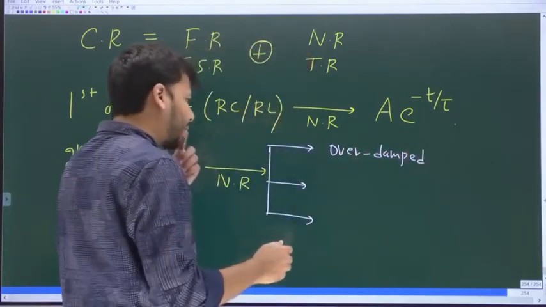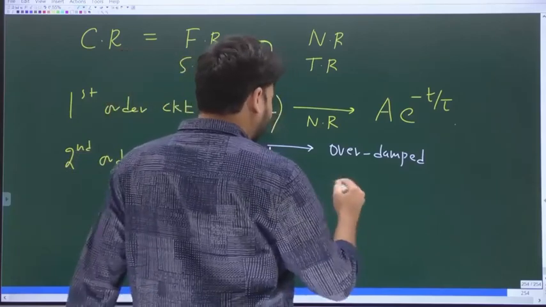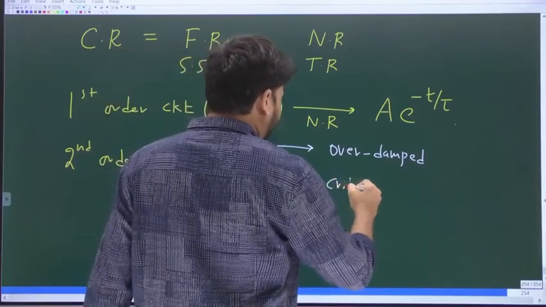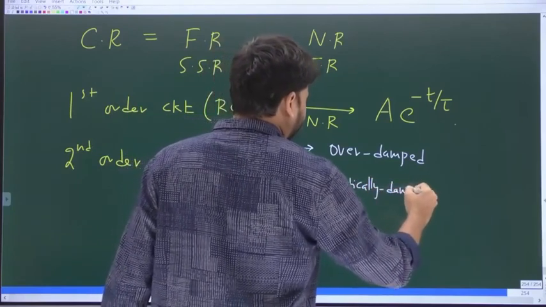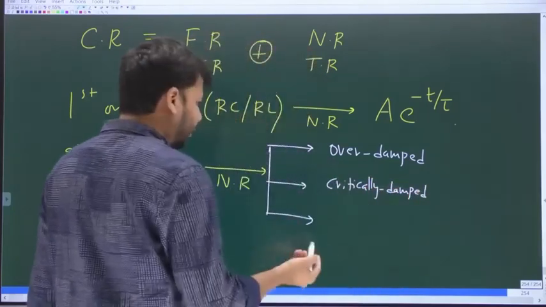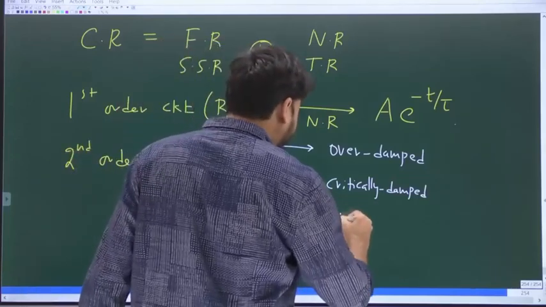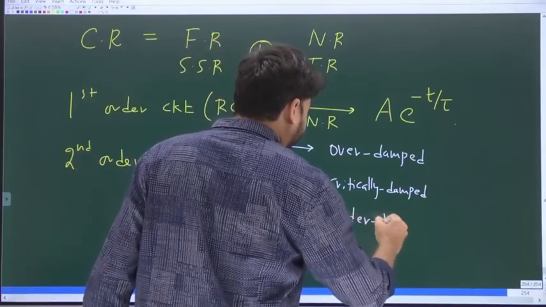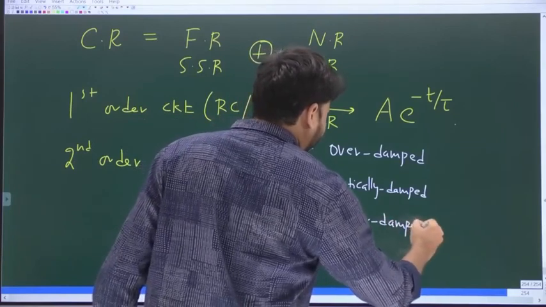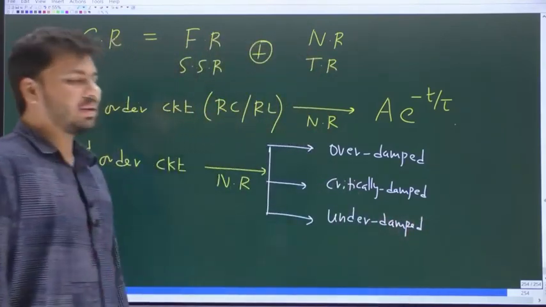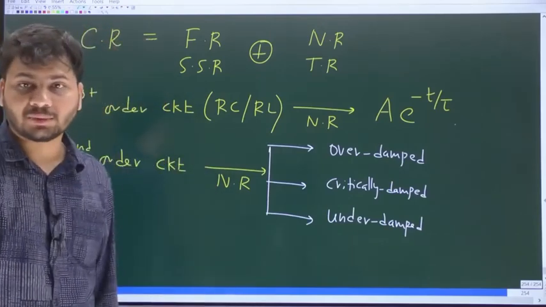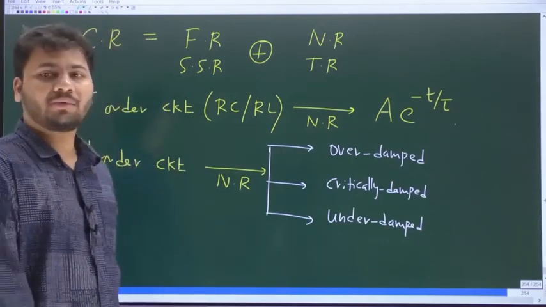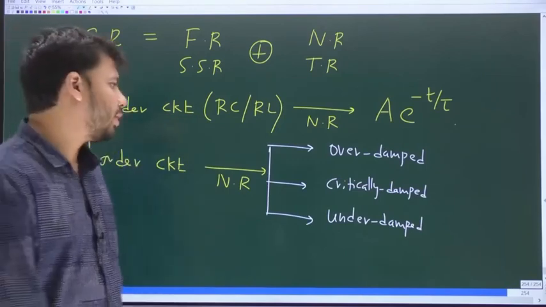The second type is critically damped. And the third type is underdamped natural response. So these are the three types of natural responses that are possible for a second order circuit.